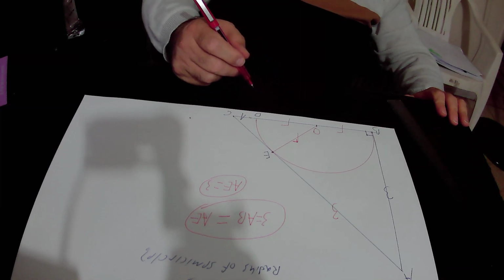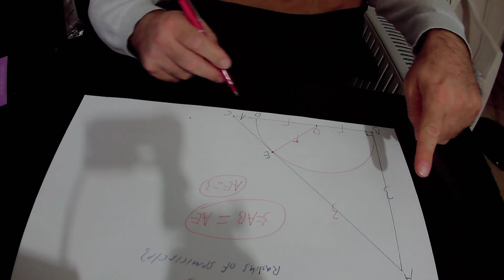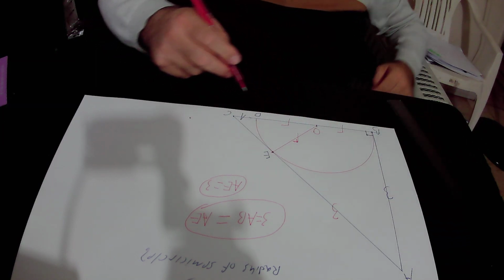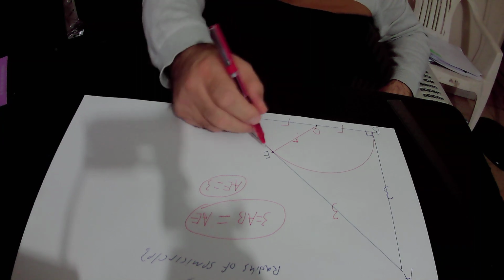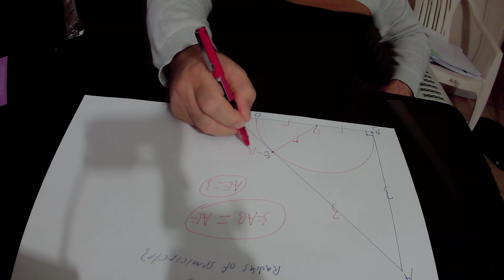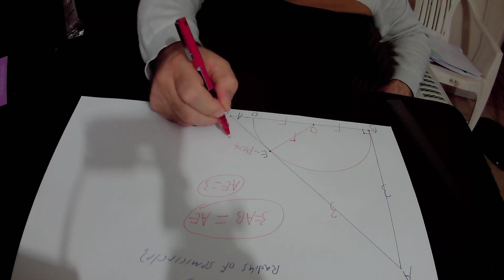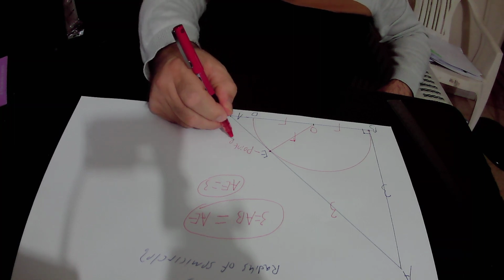And actually, tangent AC is tangent to the red circle at point E. Point E is the point of tangency of tangent AC with the red circle.